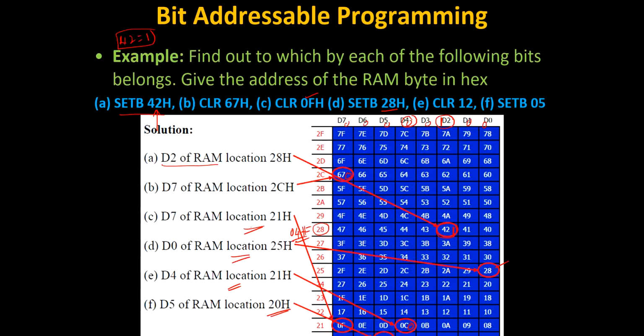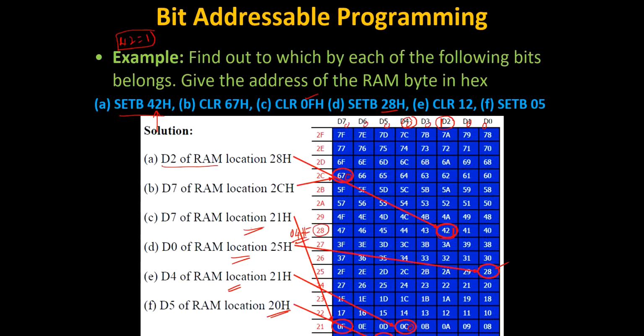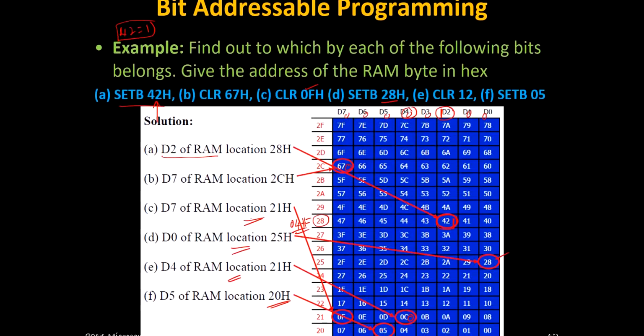And set bit 5, so this is your location 5, so that I can set that bit.